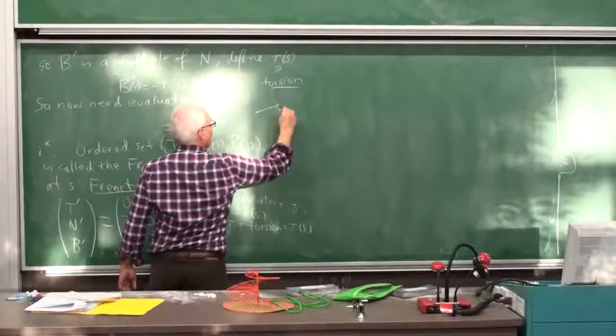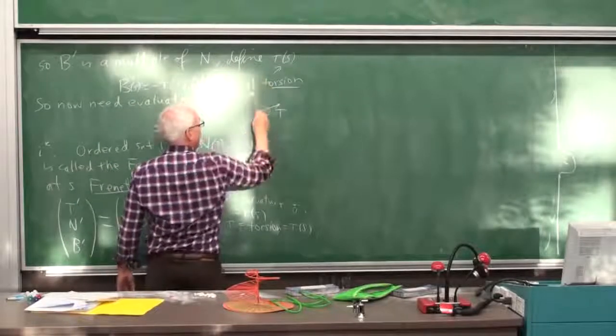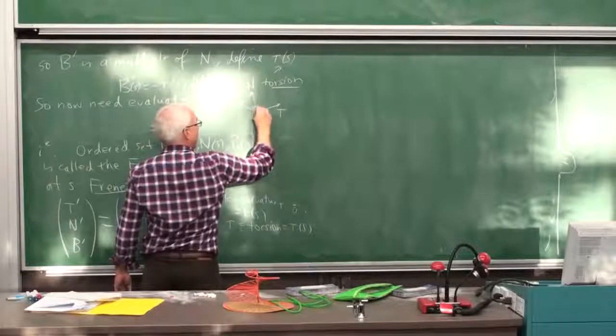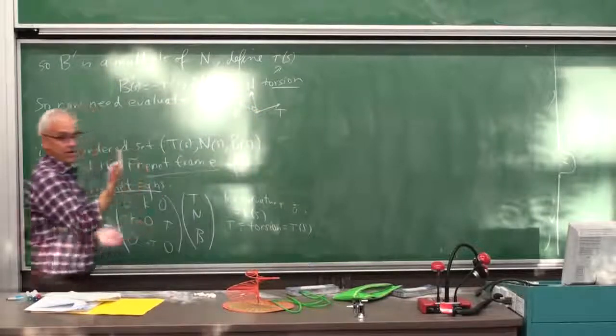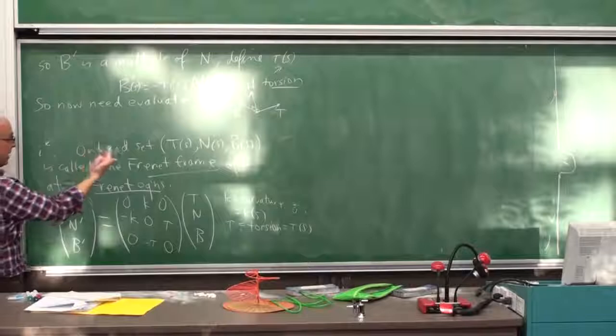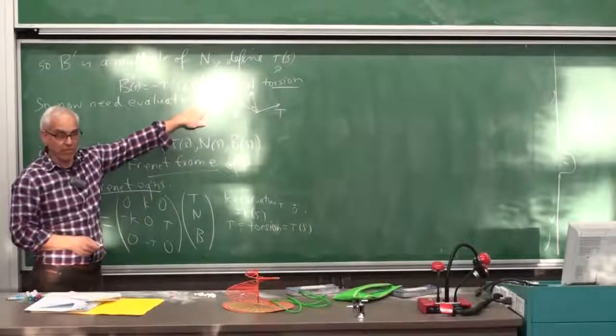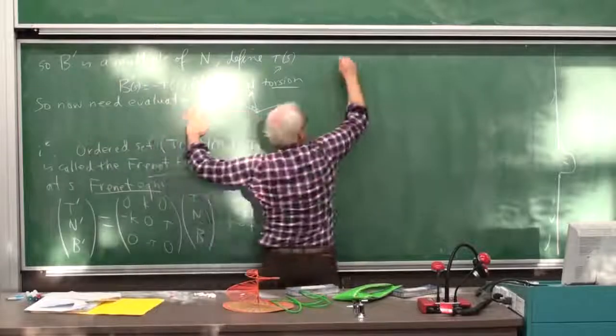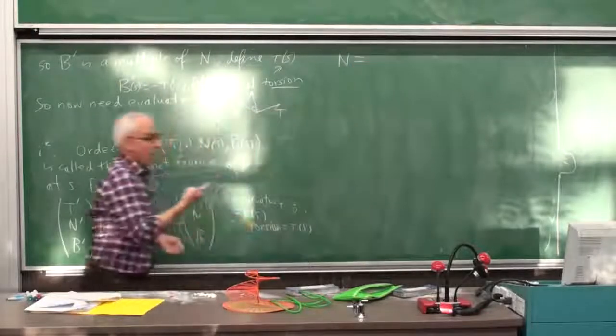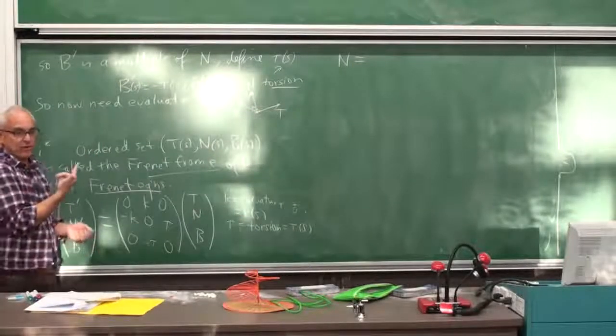So we have T, and then we have N, and then we have B. This is a right-handed system. T, N, and then B. So we're interested in getting control of N prime. So we're going to write N as the cross product of, and we have to just make sure that we get them in the right order.